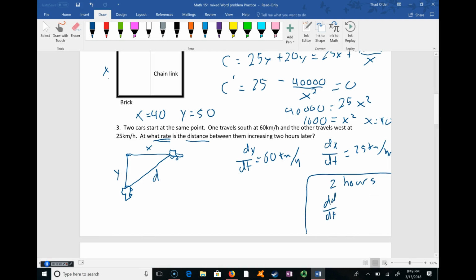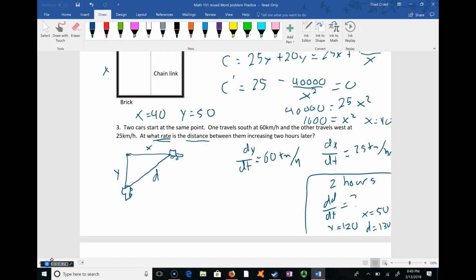So 2 hours later, y would be equal to 120, because we're going 60 kilometers per hour times 2 hours. X would be 50, and therefore if we use the Pythagorean theorem, we find out that d is 130.